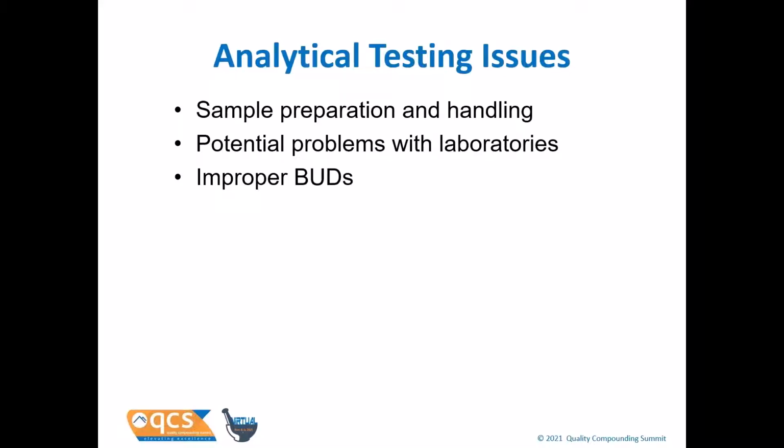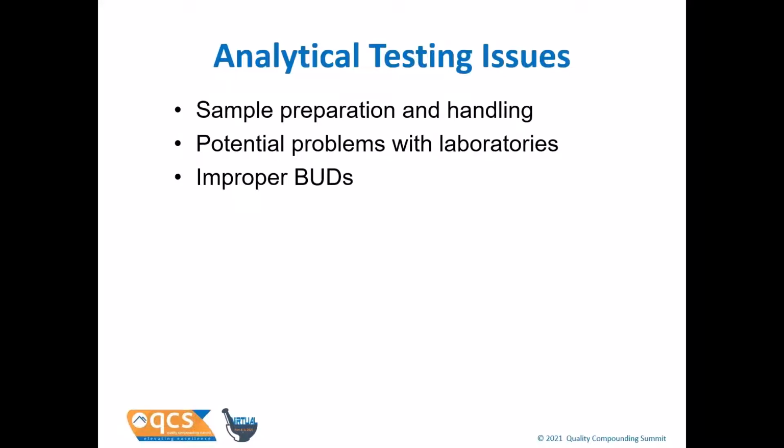Another analytical testing issue has to do with improper beyond use dates. And this is something that we have been involved with for quite a number of years. But all the beyond use dates today need to be assigned with stability indicating analytical methods.